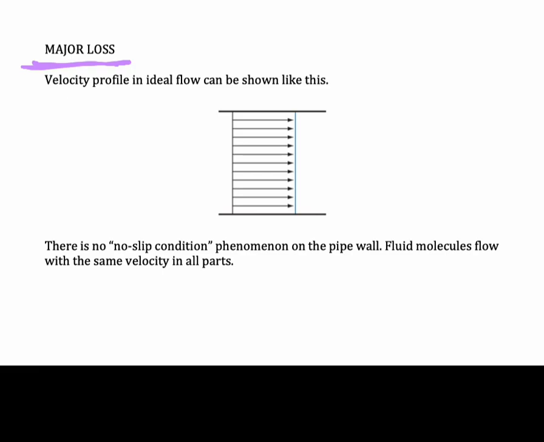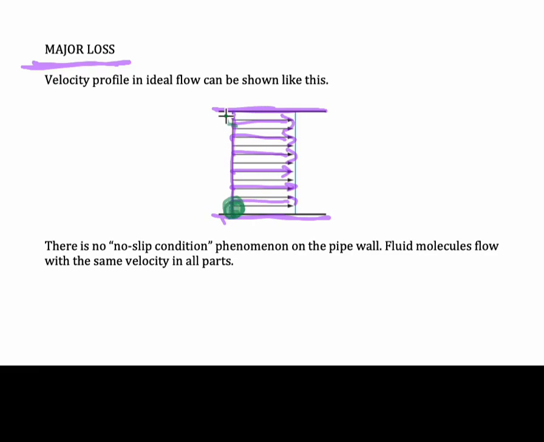As we know, previously we learned about ideal flow. The velocity profile in ideal flow can be shown like this. I think you students are all familiar with this velocity profile. We can draw the velocity profile like this because of the no-slip condition phenomenon on the pipe wall, which means the molecule at this wall does not stick to the wall.